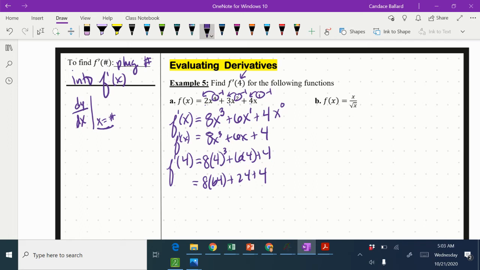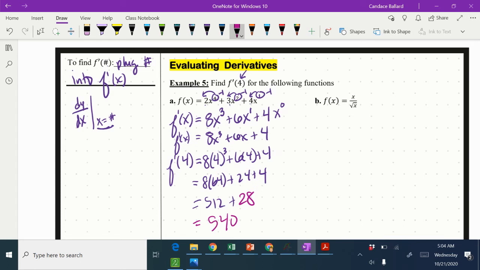So 8 times 64 is 512, plus the 28 at the back is 540.